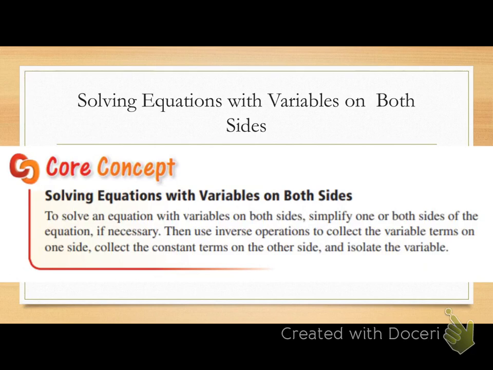Then use inverse operations to collect the variable terms on one side, collect the constant terms on the other side, and isolate the variable. So, still using inverse operations. Can someone raise their hand and explain inverse operations to me? Inverse operations. Yep.